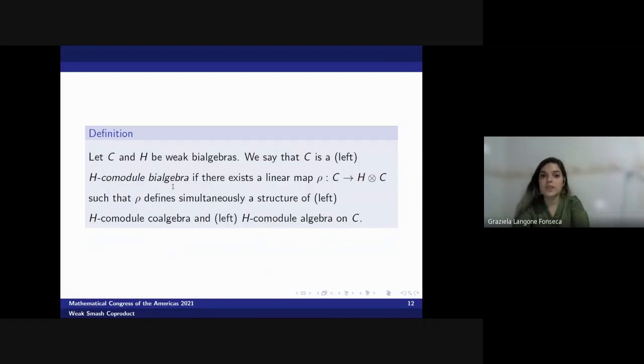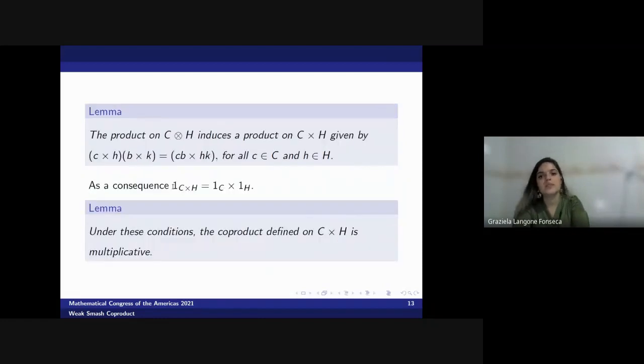Then we will have some lemmas about C times H. The first one says that the coproduct on C tensor H induces a product on C times H given by this rule. As a consequence, 1 of C times H is 1 of C times 1 of H. Under these conditions, the coproduct defined on C times H is multiplicative.